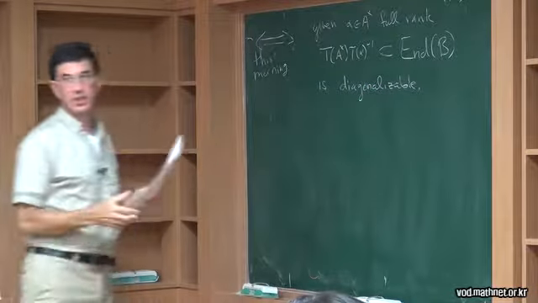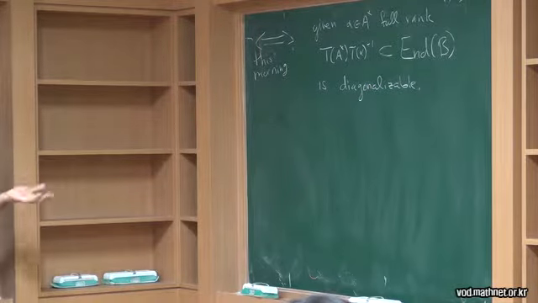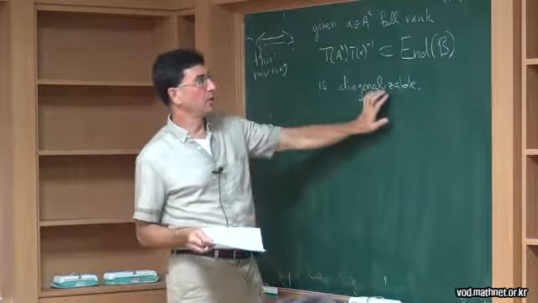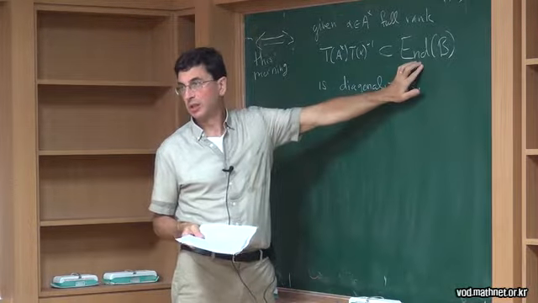I.e., there exists a change of basis that makes this space the diagonal matrices. But here, when I say diagonalizable, I mean by conjugation.